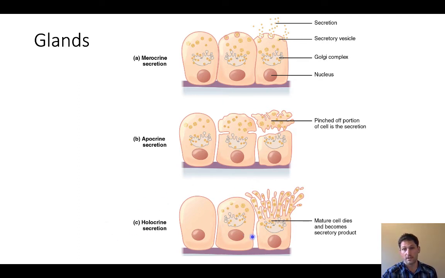Okay, and the last type of secretion is holocrine secretion. You can see down here. Basically, during holocrine secretion, and this is what happens with our sebaceous glands, we have a cell that starts to produce its secretions, but the entire cell dies and is ruptured and becomes the secretory product. So all of that sebum is released and the cell dies, and we have to regenerate new cells.